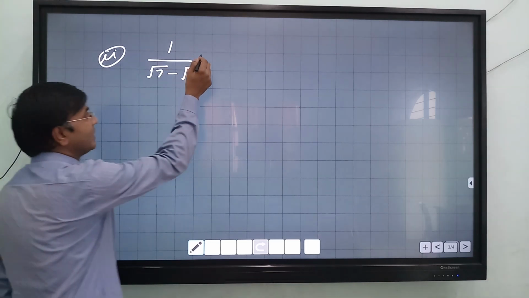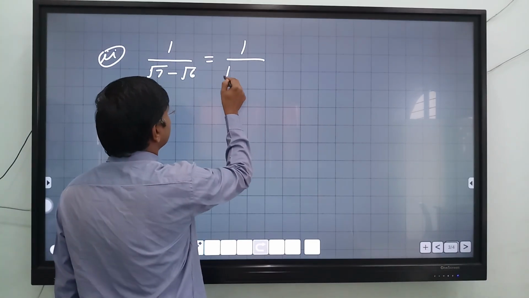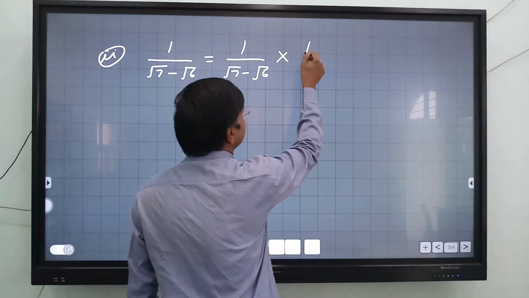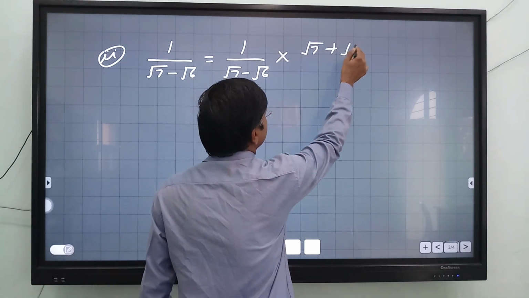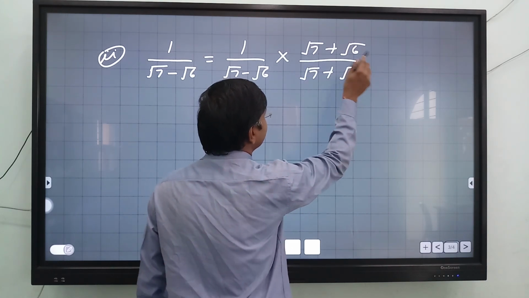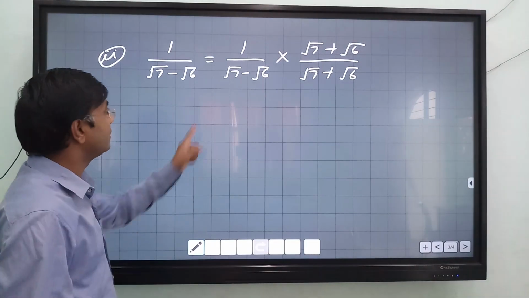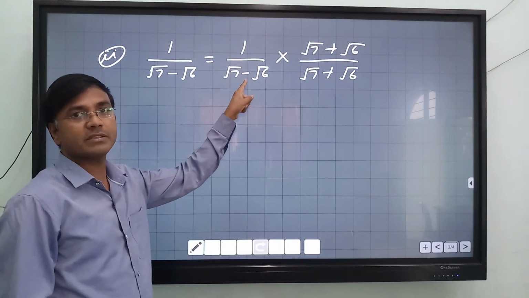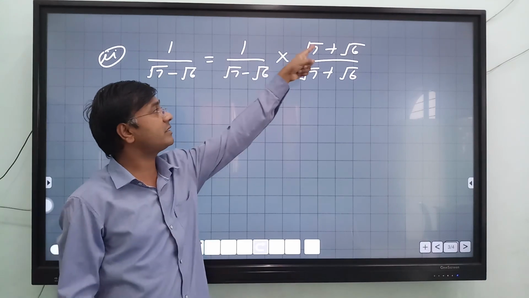So in this type of number we have to rationalize the denominator. So we have to multiply and divide by the same numbers as we have taken in the first part, but with the opposite sign.